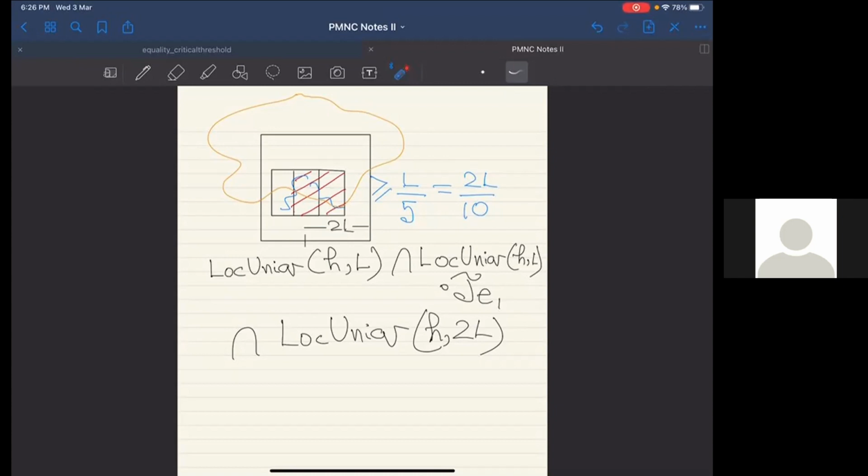So what does it mean? You can define a percolation process on these boxes. I'm not talking about going up the scales; let's say at a fixed scale, boxes are open if you see the local uniqueness. This is a coarse-grained percolation process, because the state of being open or closed applies to boxes instead of points.